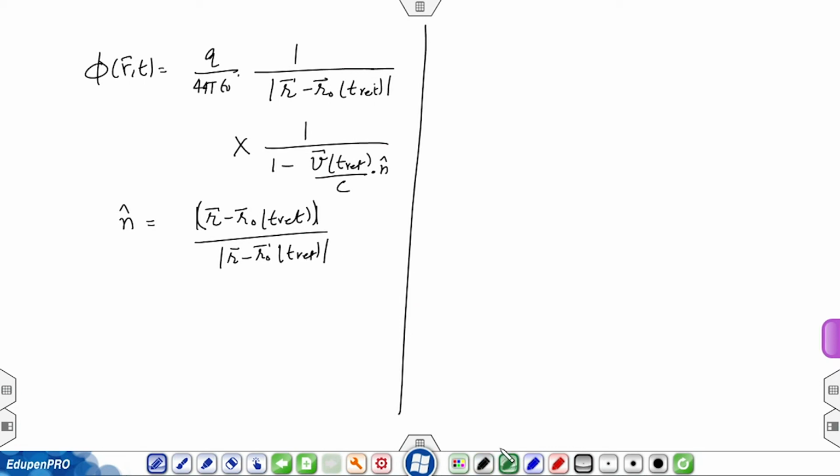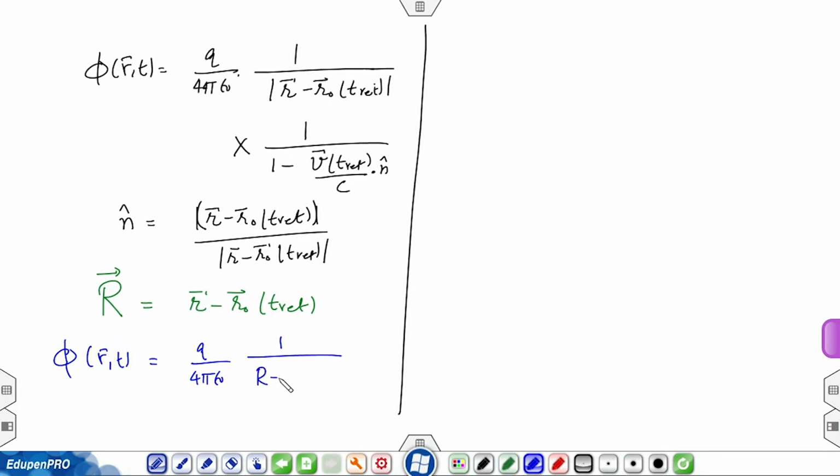If I take r vector to be r minus r naught t retarded, I can also write my phi r t as equal to q over 4 pi epsilon 0, 1 over r minus r dot v over c, all calculated at retarded time. This is how you see this formula in the books.